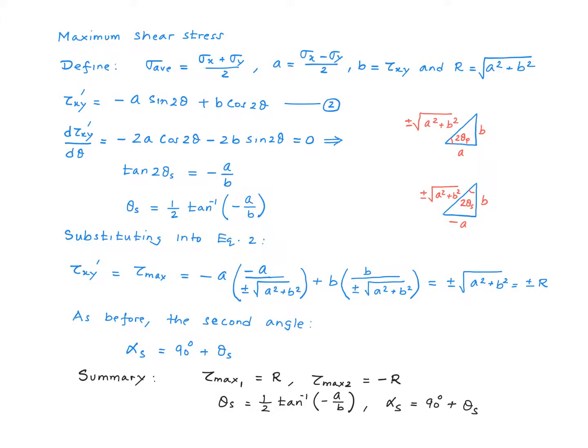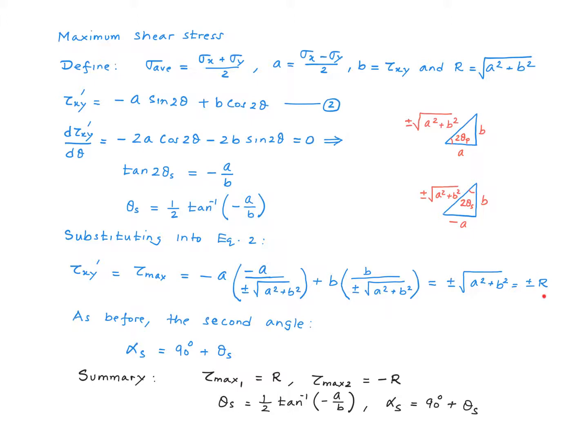Here is the corresponding analysis for the shear stress. Here is the shear stress equation. We take the first derivative of tau xy prime with respect to theta and set it to 0. That gives us this angle for the direction of the maximum shear stress. We substitute this back in the original equation for tau xy prime, and we get this expression for the maximum shear stress.